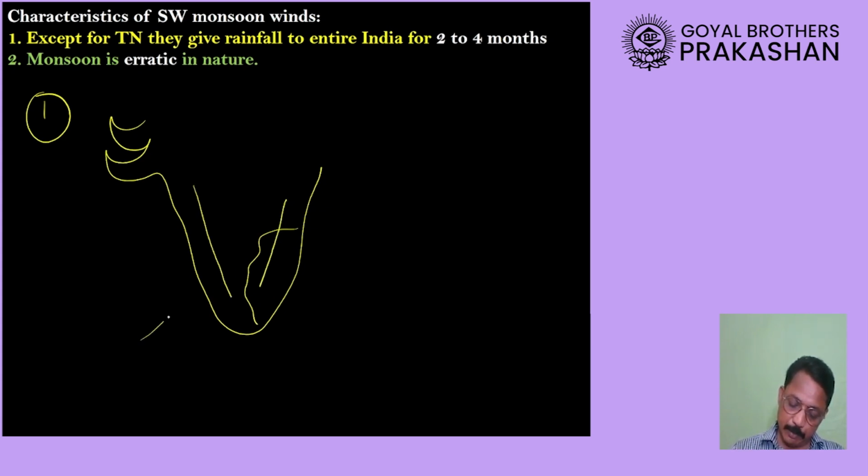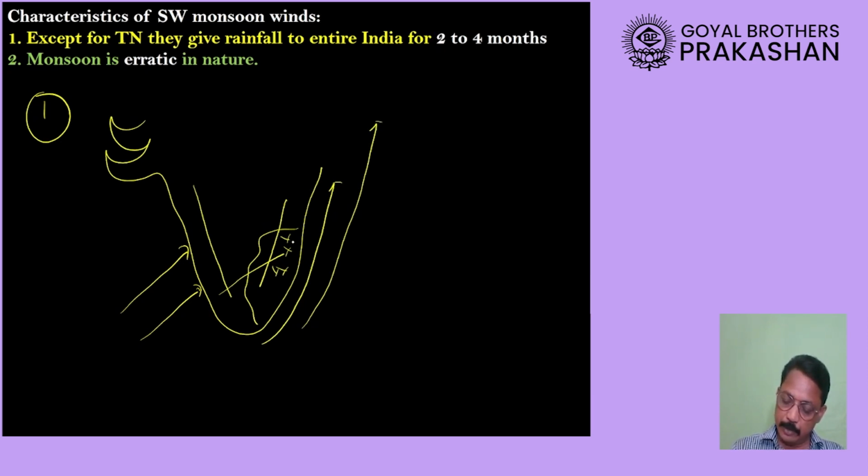When the winds blow over the Arabian Sea, by the time they reach Tamil Nadu's eastern part, there is hardly any rain left. And when the winds are blowing over the Bay of Bengal branch, because they are moving towards the West Bengal area, they don't shed much rainfall in the coastal area of Tamil Nadu.